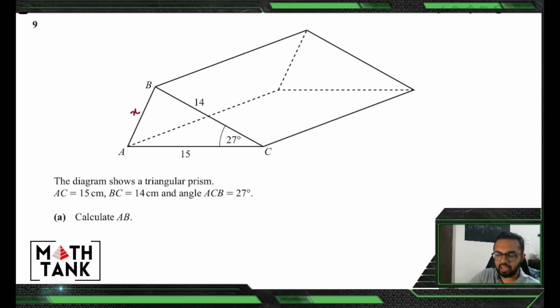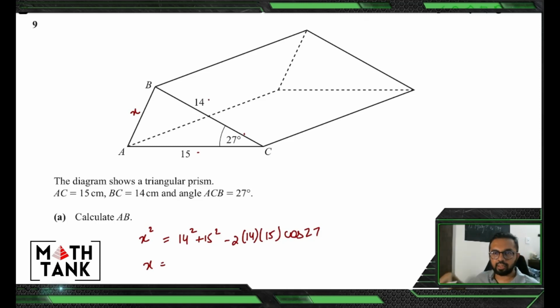I see side, angle, and side. So I'm going to apply the cosine rule. I'm going to say that x square equals to 14 square plus 15 square minus 2 into 14 into 15 into cos of 27. And then take a root of all of this.